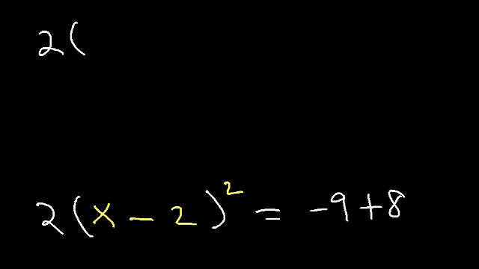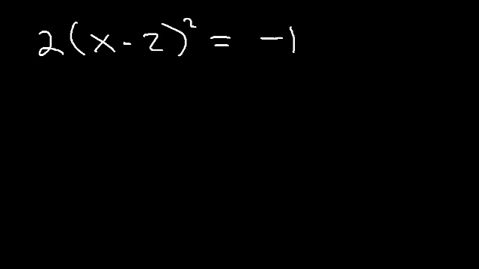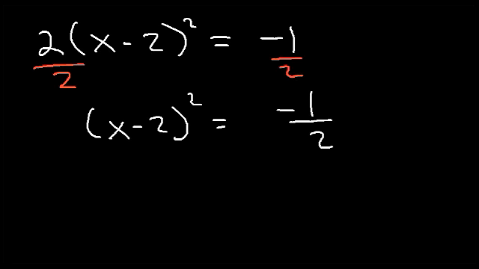So we have 2 times x minus 2 squared. Negative 9 plus 8 is negative 1. So we're going to get an imaginary solution. So now at this point, let's divide both sides by 2. So x minus 2 squared is equal to negative a half.